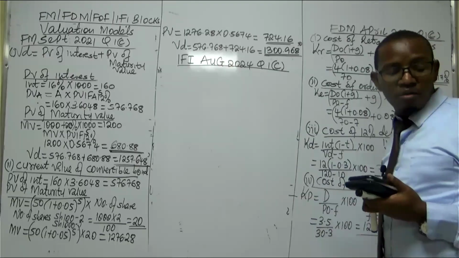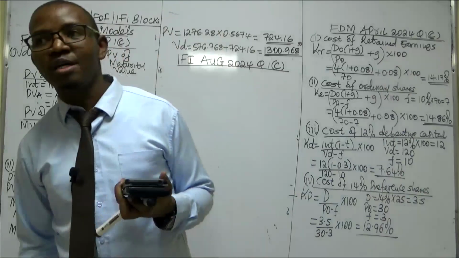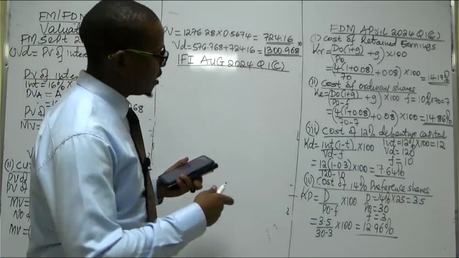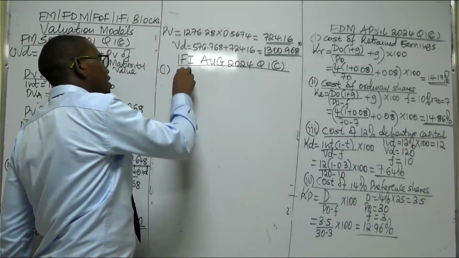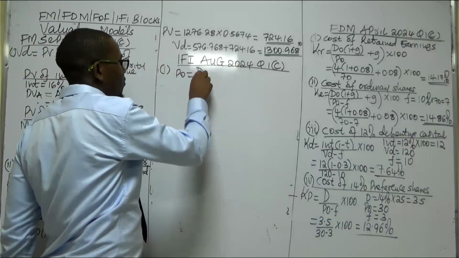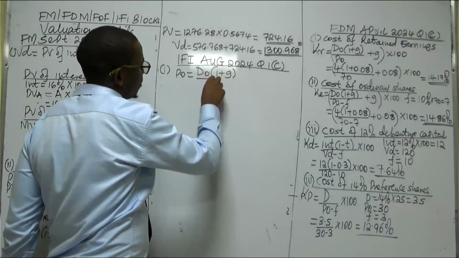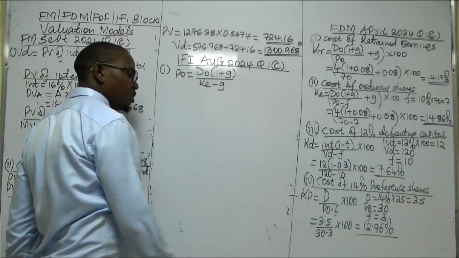Now, this is the valuation of ordinary shares and is on what we call the constant dividend growth rate ordinary shares. So to get the value per share, we said you just get the D0, 1 plus g, all over Ke minus g.